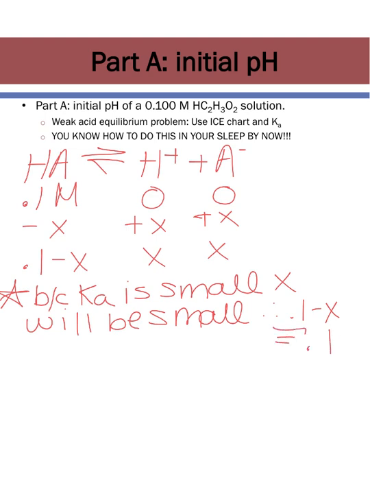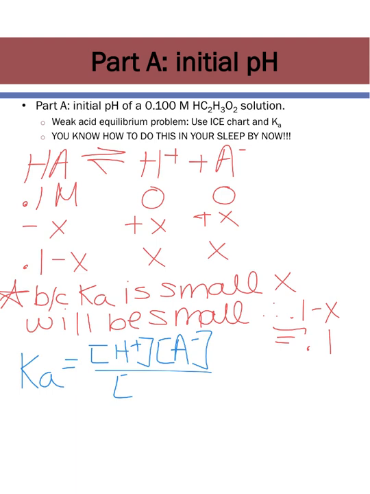All right, then once we have that out of the way, we can plug everything into our Ka expression. And we always want to write our full Ka expression. So it would be Ka is equal to [H+][A-] over [HA].